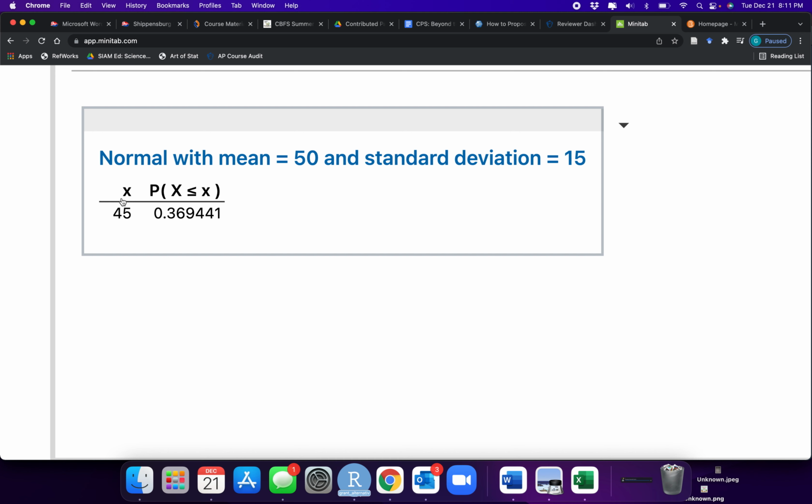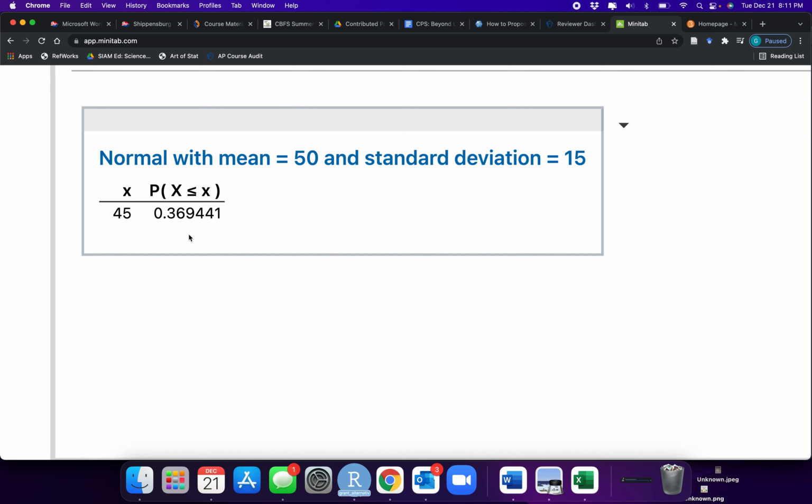And it says little x is 45 here. And so the answer is 0.369. Again, a little nuanced, but less than and less than or equal to are the same in this circumstance. So 0.369 would be the answer to the first one.